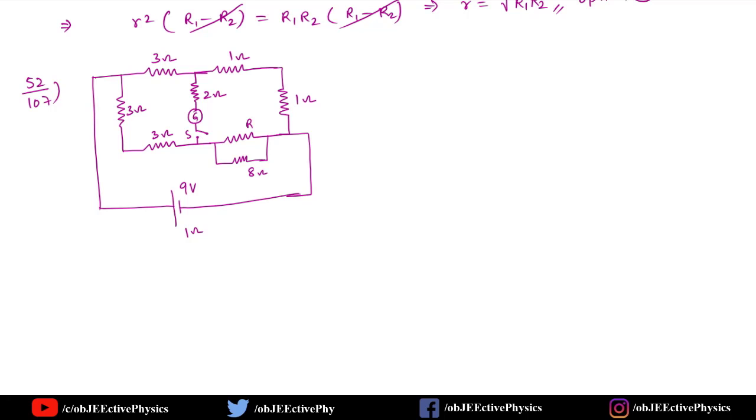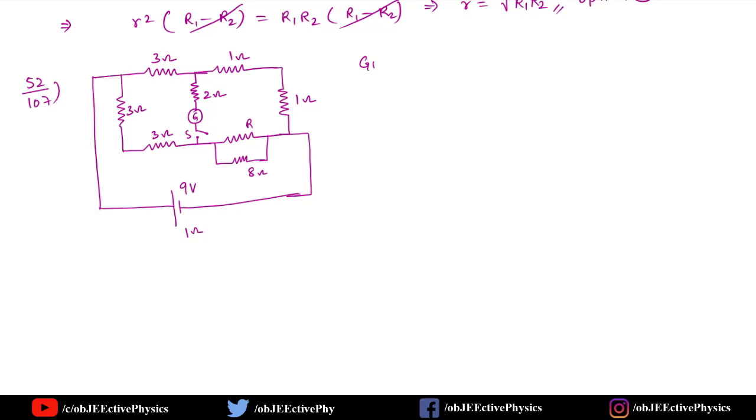The question is, find the value of capital R so that no deflection is noticed in the galvanometer when the switch S is closed or open. Whether S is closed or open, no current is passing through the galvanometer.